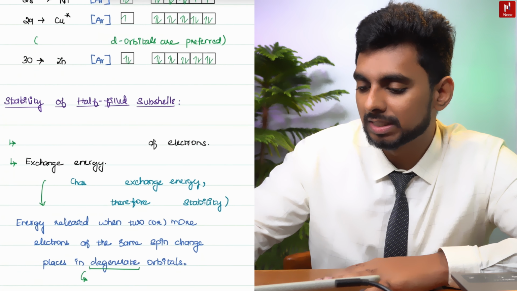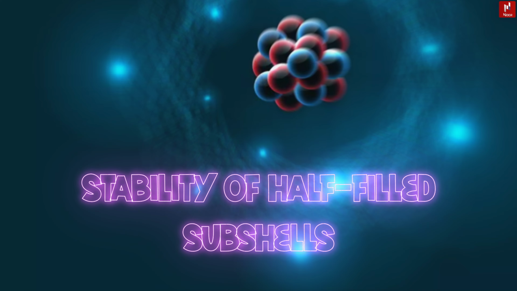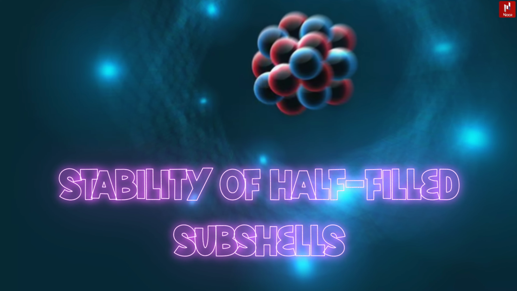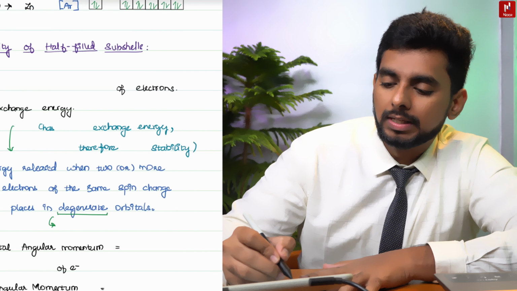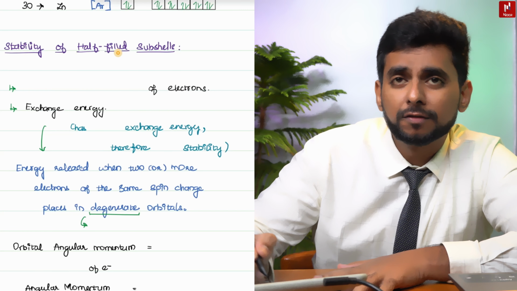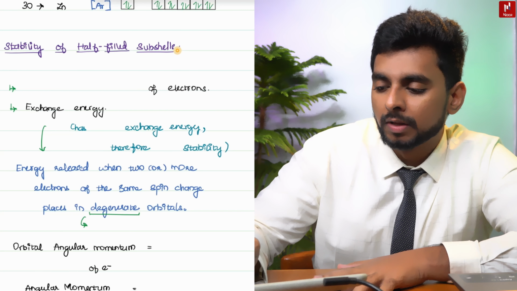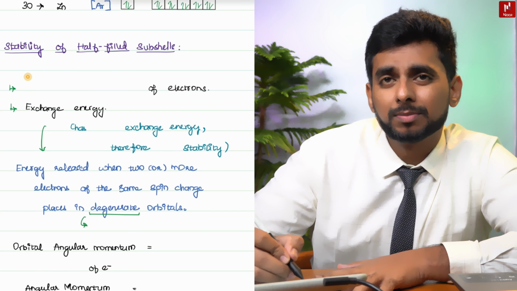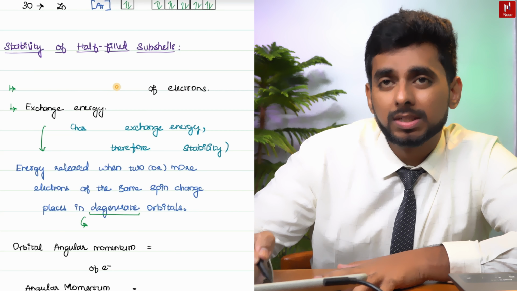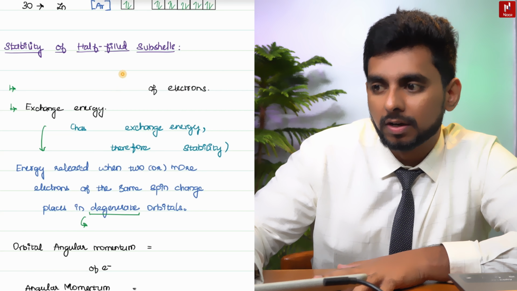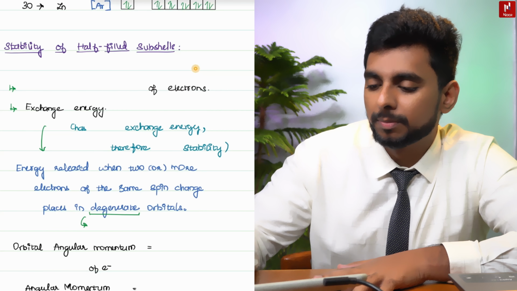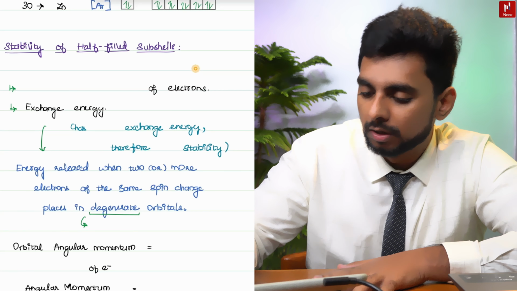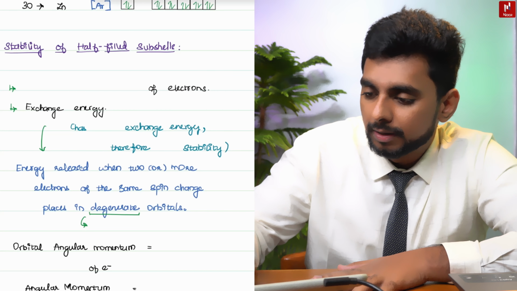Then we have the stability of half-filled subshells. Now we will see the reason for the stability of half-filled subshells. The first point is something that I've already told you, which is symmetrical distribution of electrons. In nature, symmetry will be preferred. That's the first argument that I'm going to make.